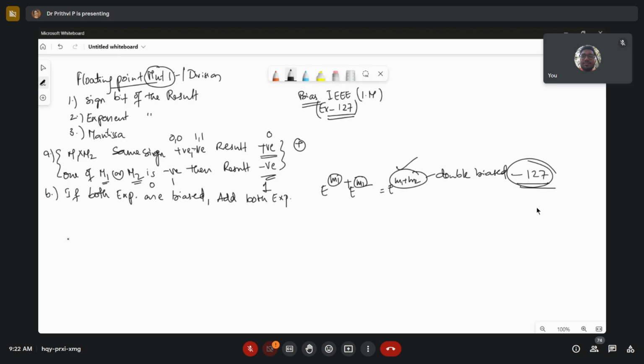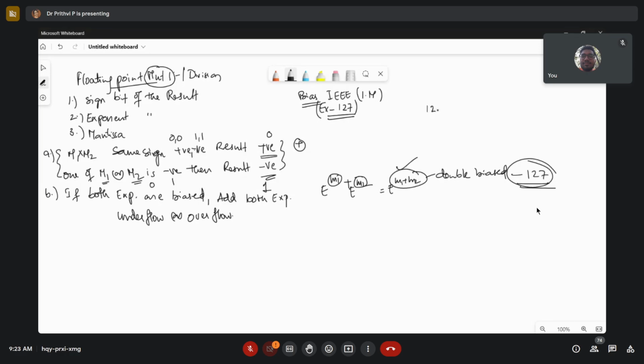And again here we have to check whether there is an underflow or overflow of the exponent. That means if the result crosses the maximum value we can represent in this exponent, with bias 127.